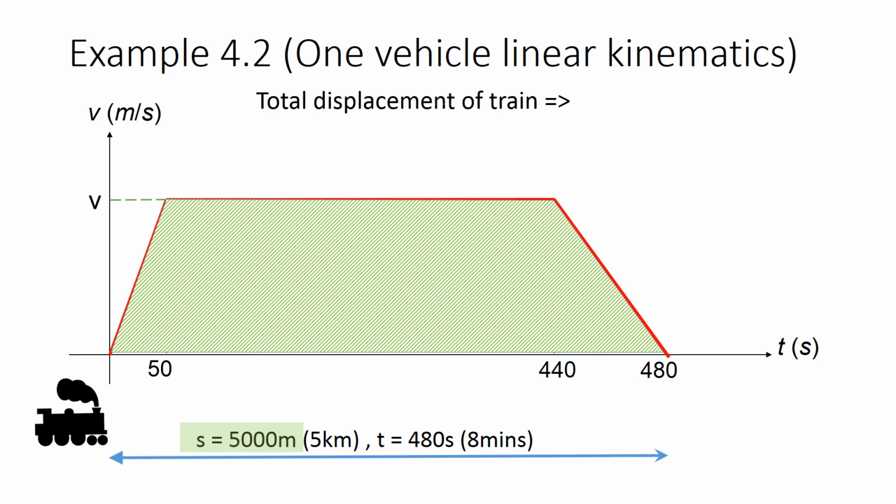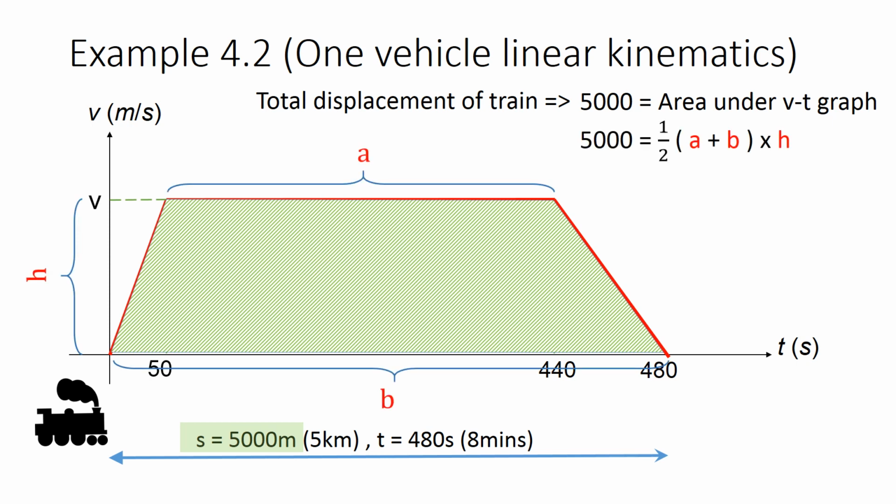In order to solve for the velocity V, we know that the area under the graph is 5,000, and this is a typical area of a trapezium formula. By applying the respective quantities A, B, and H and equating to 5,000, we will be able to solve for the unknown velocity V.